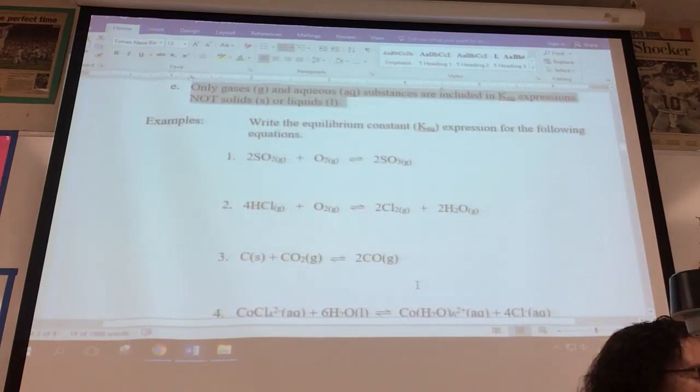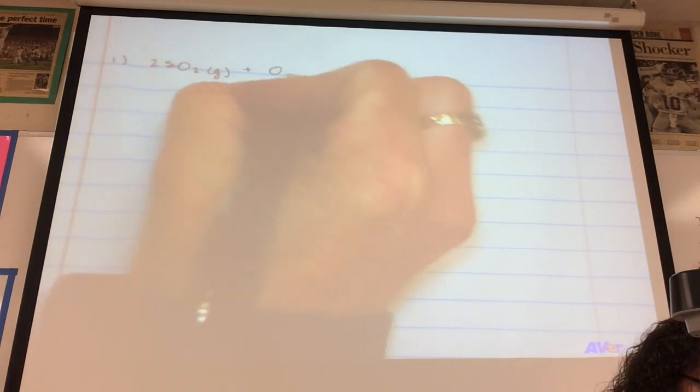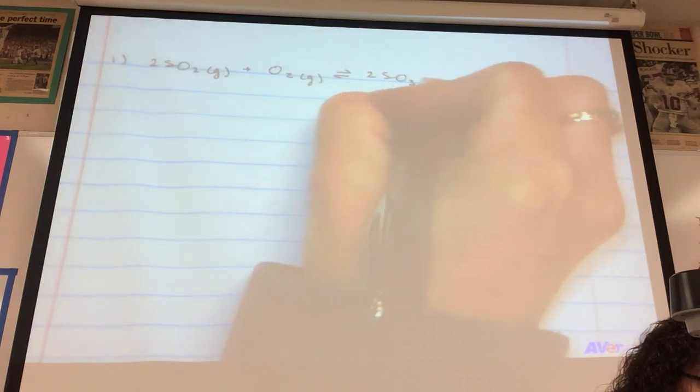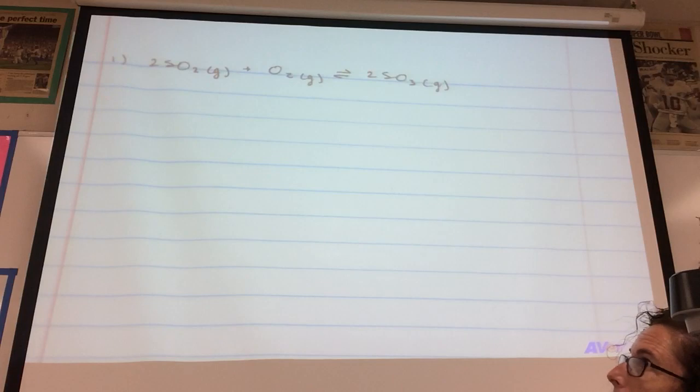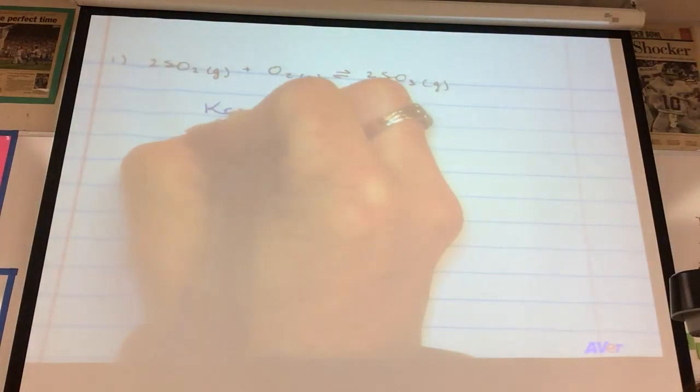Let's take a look. We're going to write KEQ expressions for the following equations. We'll take it one at a time. I'm going to rewrite the balanced equation on my paper. You already have it in your notes, so you don't need to rewrite it. We've got 2 moles of sulfur dioxide gas reacting with oxygen gas. Reversible reaction should generate 2 moles of sulfur trioxide gas. When we write our KEQ expression, don't forget to write the KEQ.